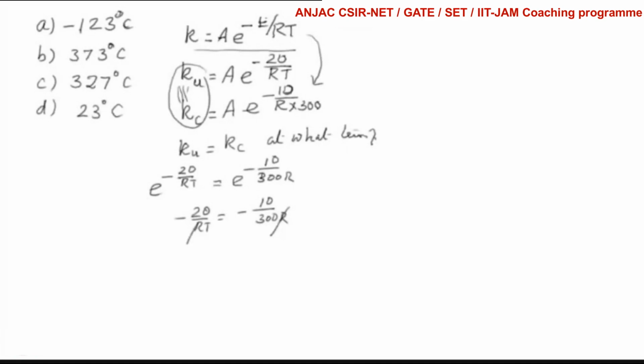Now find out what T is. You can easily find that T is equal to, minus and minus cancel, 20 into 300 by 10, equal to 600.